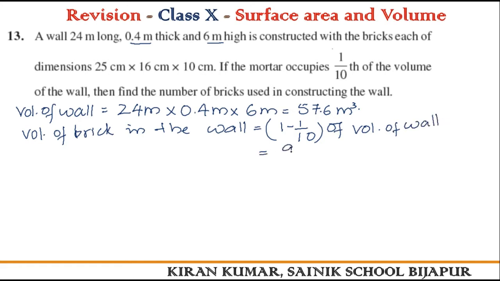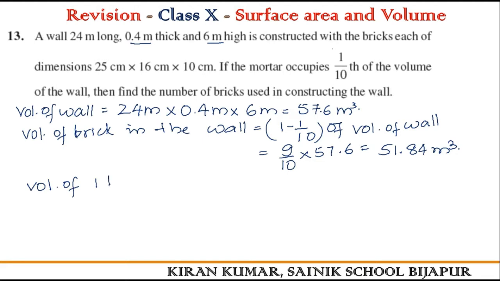This becomes 9/10 times 57.6, which will be 51.84 meter cube. We'll find out the volume of one brick, then we'll divide.